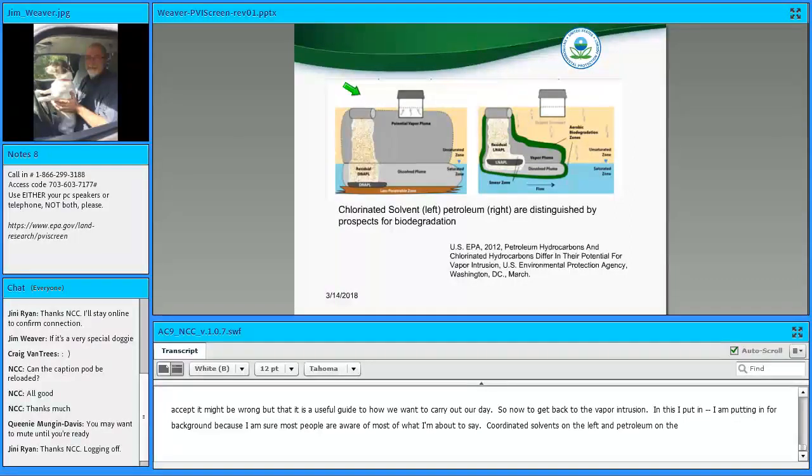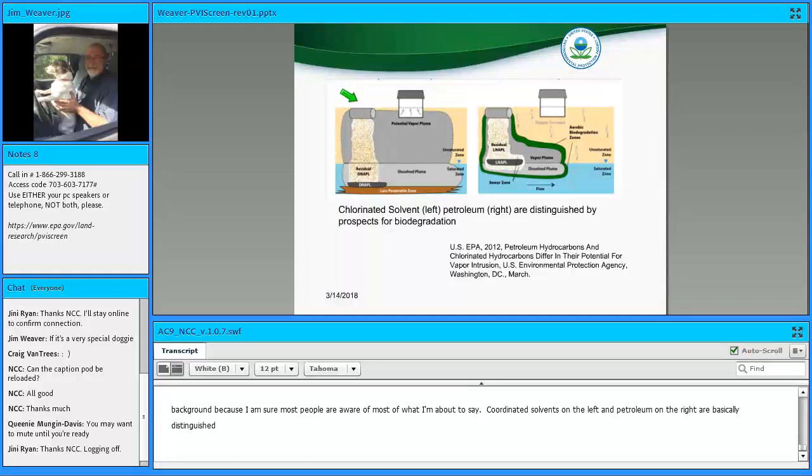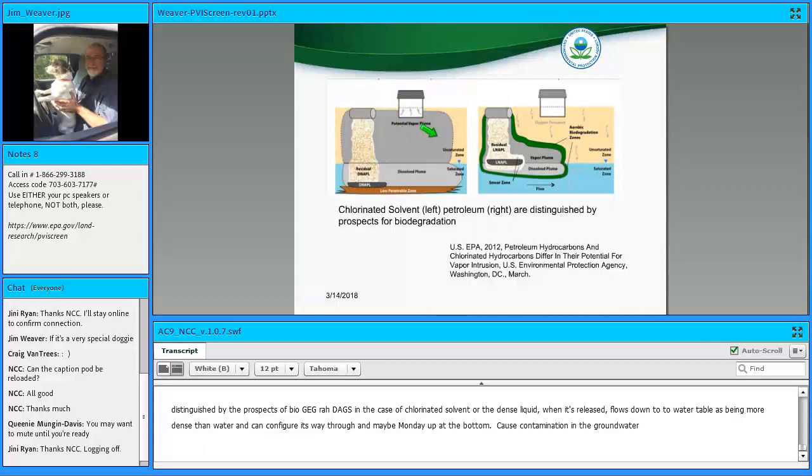In the case of the chlorinated solvent, or dense non-aqueous phase liquid, DNAPL, when it's released, it flows down to the water table. Being more dense than water, it can finger its way through, maybe pond up at the bottom, cause contamination in the groundwater, and then these vapors coming off the DNAPL can pretty much permeate the vadose zone.